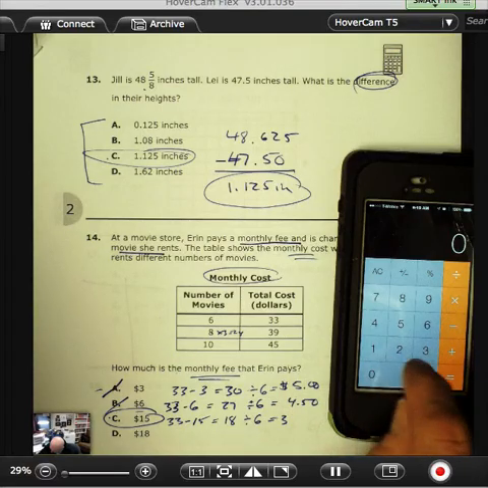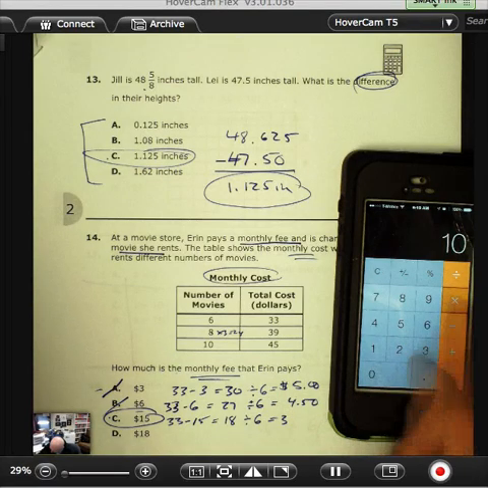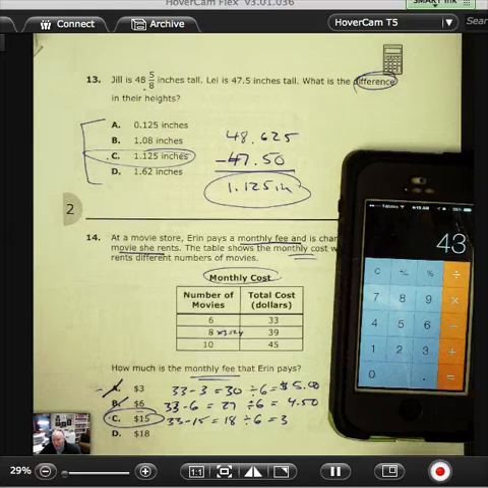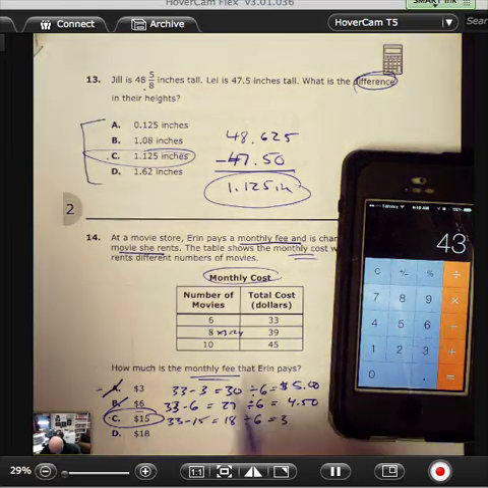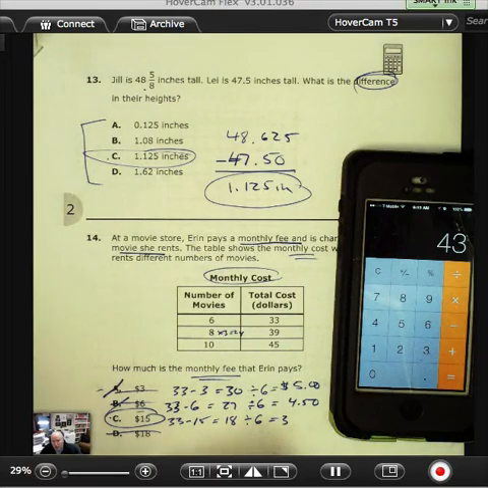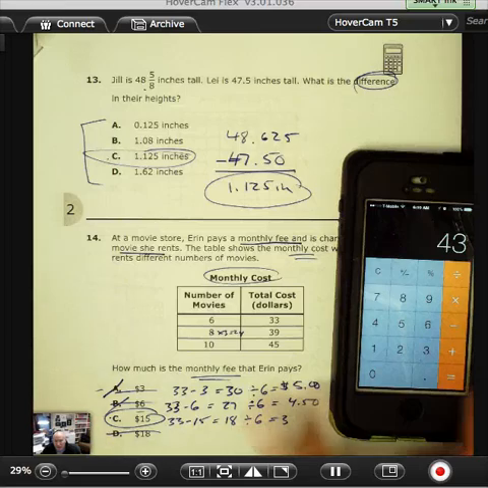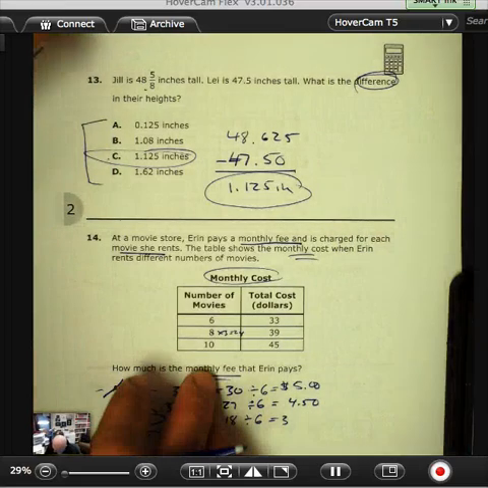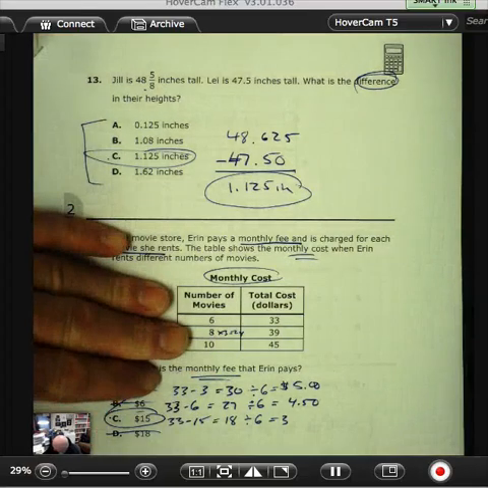Let me try that again. 10 times the 2.5 is $25 plus the 18. Sorry, I hit the wrong key there. It would be $43. So this one doesn't work either. So the only example that works is paying $15, and you could backtrack and check that too, but I want to keep the film rolling here. All right, tough problem. Next one.